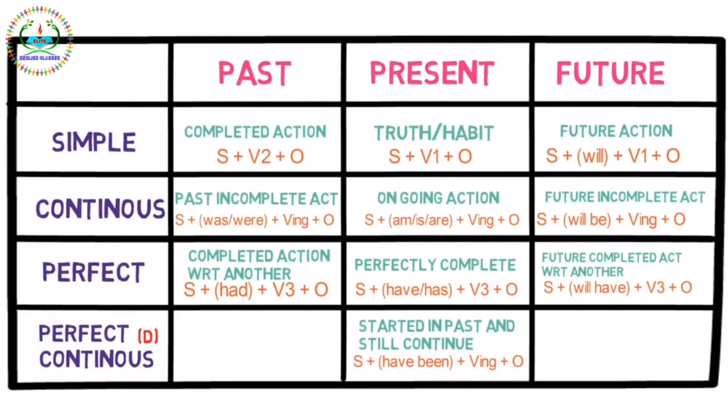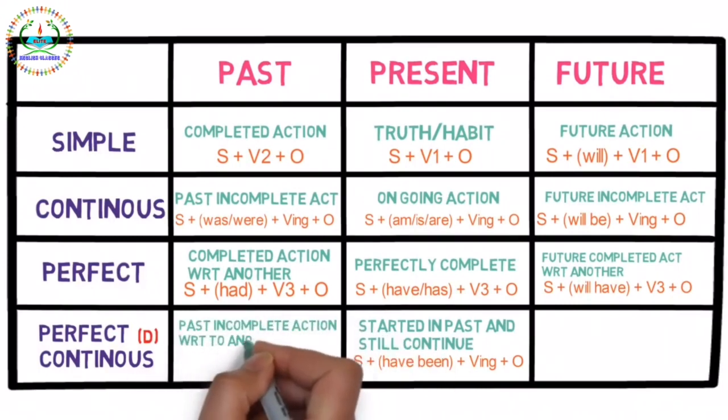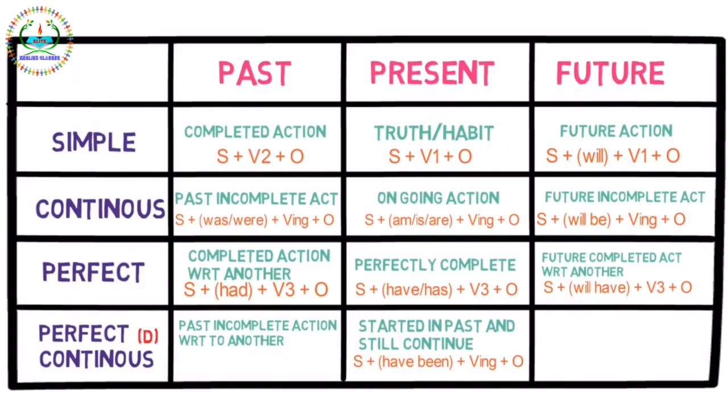In the past perfect continuous tense, we refer to past incompleted action with respect to another. Here, duration of action is given more importance. Sentence structure is subject plus had been plus verb's ing form plus object.